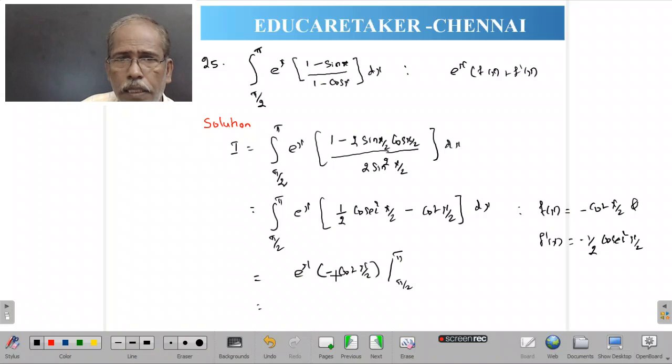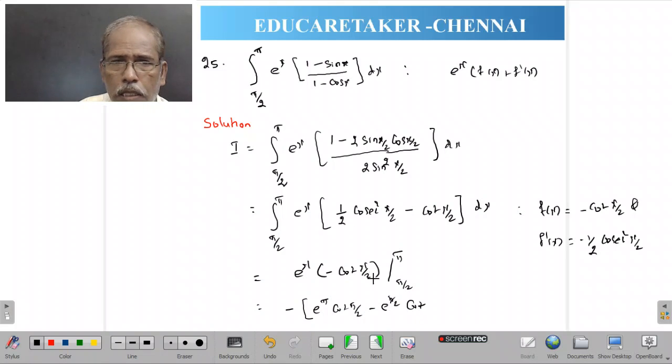Taking minus outside, upper limit gives e power pi and cot pi by 2, minus e power pi by 2 and cot of x equal to pi by 2, that is cot pi by 4.